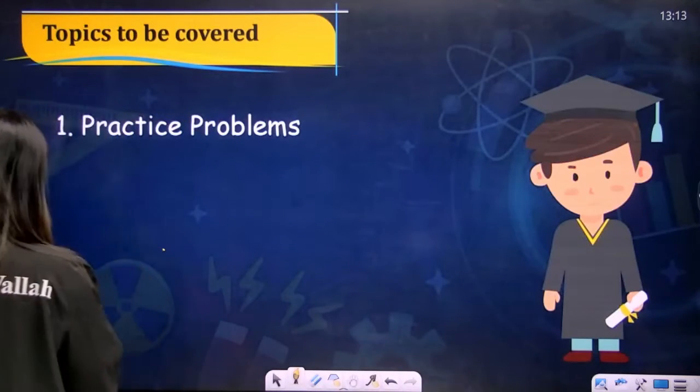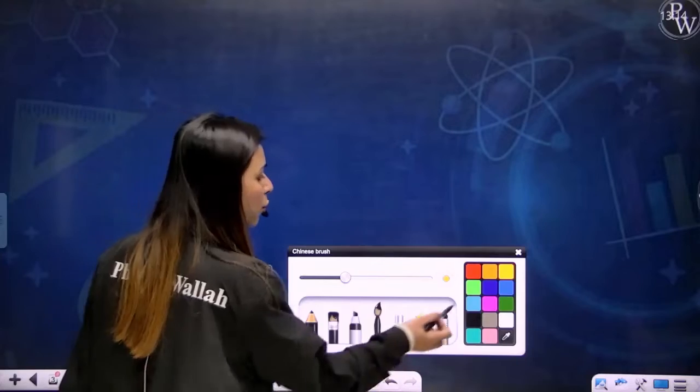When I talked about the Arrhenius equation, I hope all of you remember we last plotted graphs of the Arrhenius equation: ln k versus 1 upon T, then log 10 k versus 1 upon T. Those were the graphs which we discussed. Now, my dear students, I just want to revise a little portion and then we'll start something new.